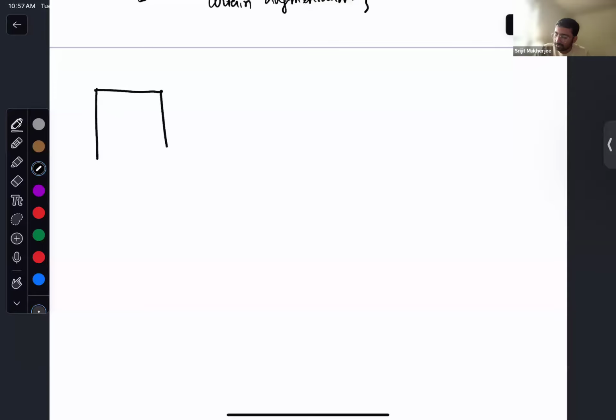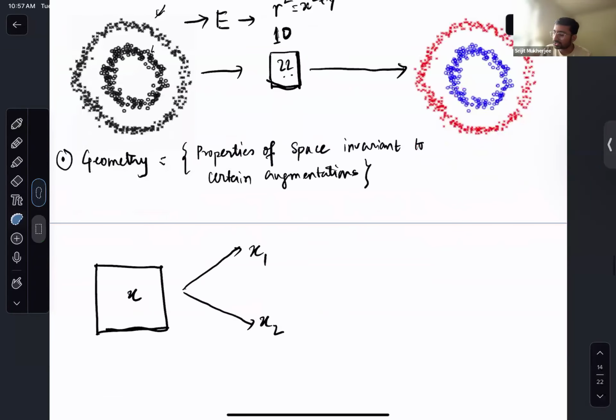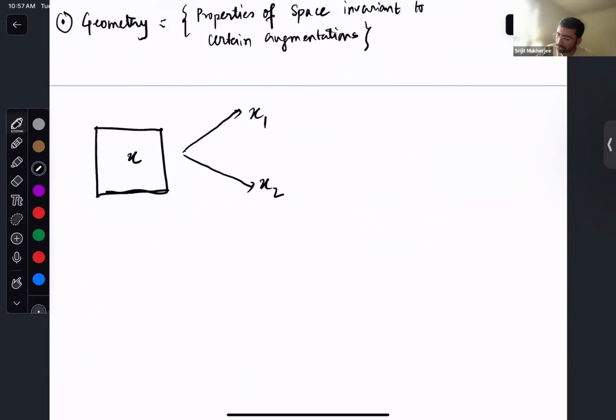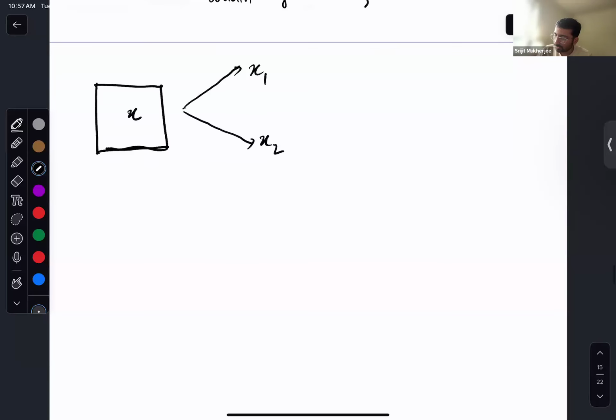So if you have an image X, what we will do is that we will look at two different augmentations of it. For example, in this case, how to get that r square? That's the main question, right? So if you have these two dots, what we can do is that we can apply an augmentation on it. What kind of augmentation? That's an important question.